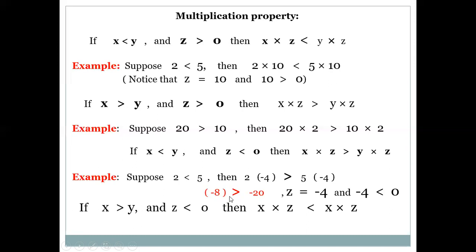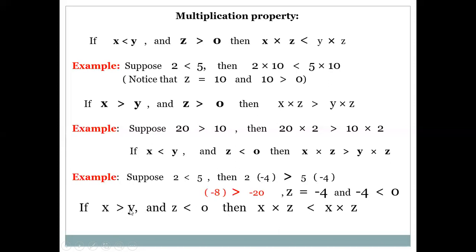How can we make our sentence true? We put the greater than sign, we invert the sign of inequality. If the less than sign is given, we change it into greater than, or if the greater than sign is given, we change it into less than, when a negative number is multiplied by the given inequality.